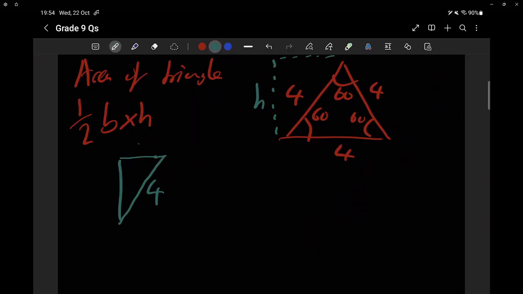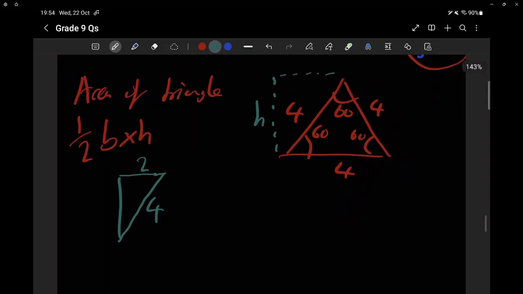We know that B is 2. We know that's 2 because we could also draw the height down the middle of the triangle, and it would be splitting that 4 in 2. So that's where I've gotten 2 from.